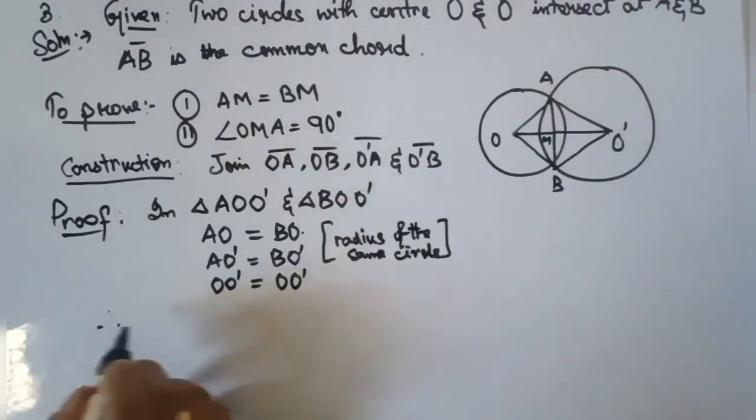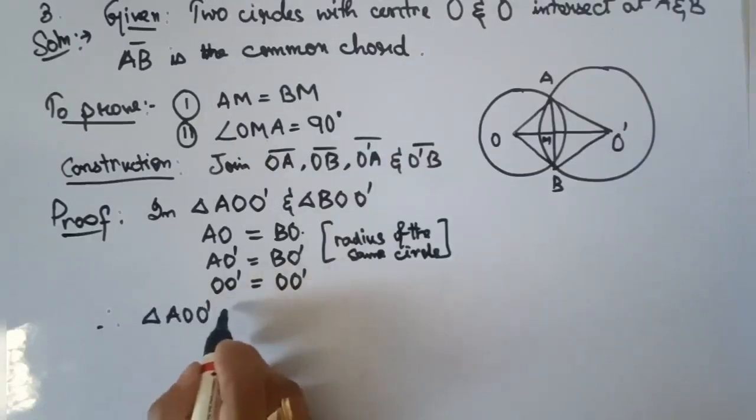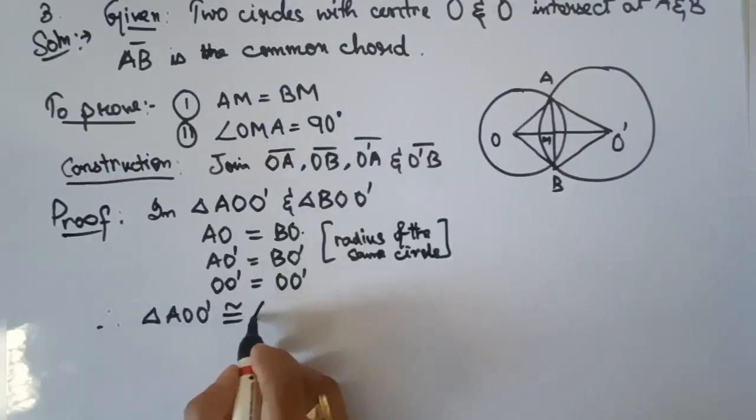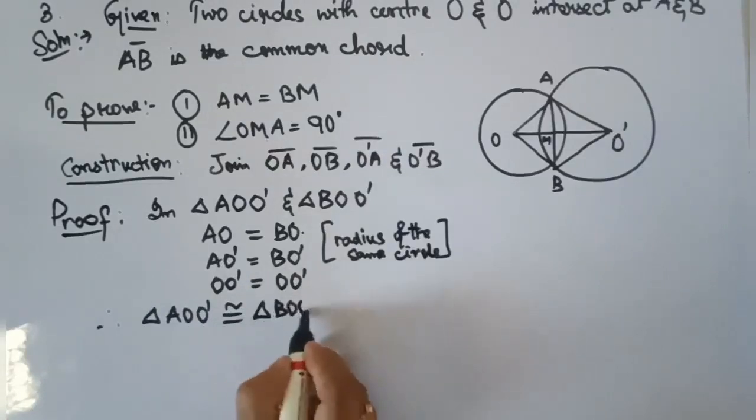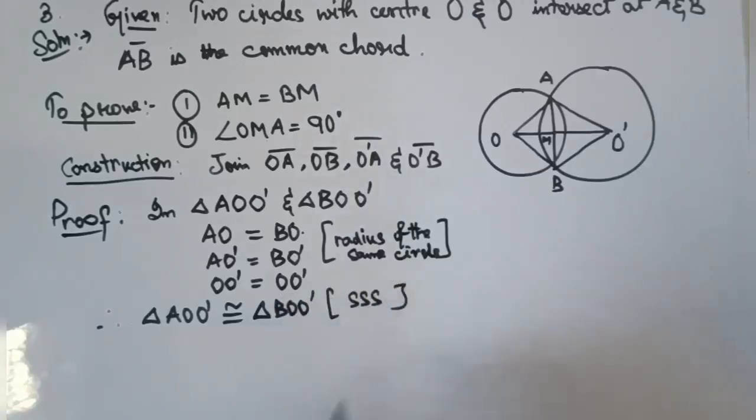Therefore, triangle AOO dash is congruent to triangle BOO dash by the SSS congruence theorem.